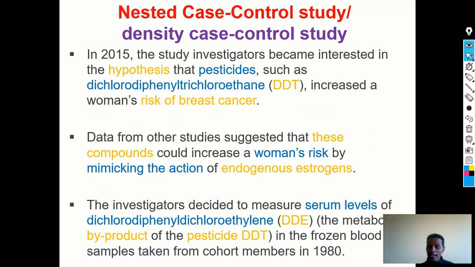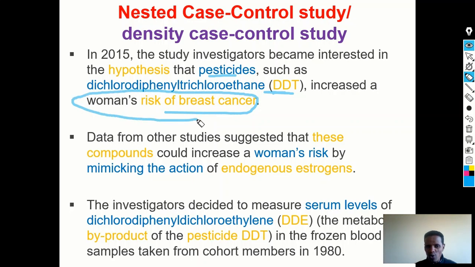Now, in 2015, that means after 35 years, because the study was initiated in 1980, the study investigators became interested in the hypothesis that pesticides such as DDT increased a woman's risk of breast cancer.